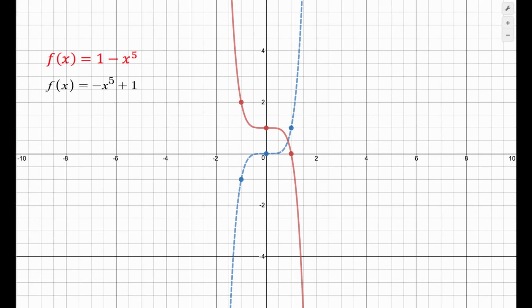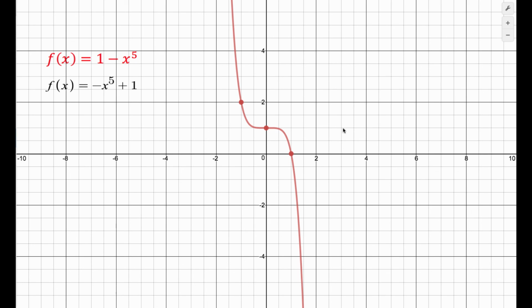Let me get rid of these other ones so we can have a better picture of our function. So this right here is f of x equals 1 minus x to the fifth, or when we rewrote it, f of x equals negative x to the fifth plus 1. So this is it for what we had to do today. This last example was just graphing using transformations.